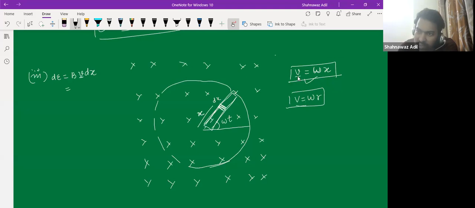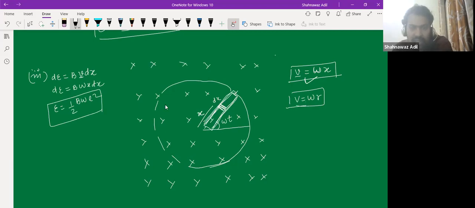So similarly, v is omega x. If we put that value and integrate, the EMF we will get would be half B omega L square, where L is the length of this rod. So this is the EMF of this circular motion.